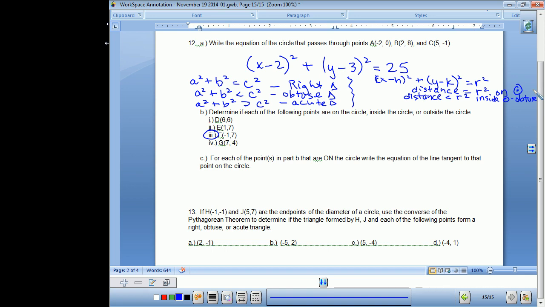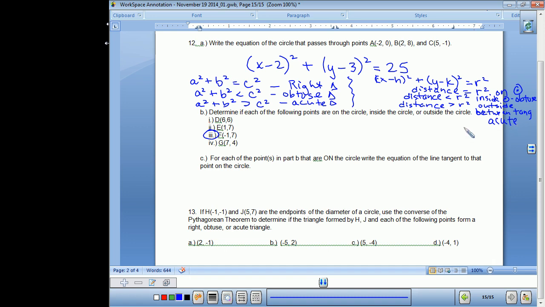If we picked any point inside the circle and formed a triangle with the diameter, that would be an obtuse triangle. Okay? And the last thing: if we plugged a point into the circle equation and that distance was greater than, then it was outside. Now, outside had three conditions. If it was outside but between the tangents, then it was acute.